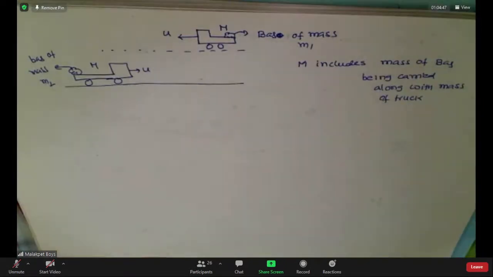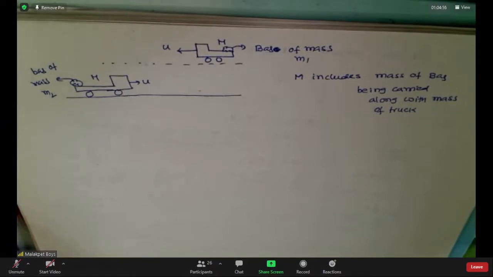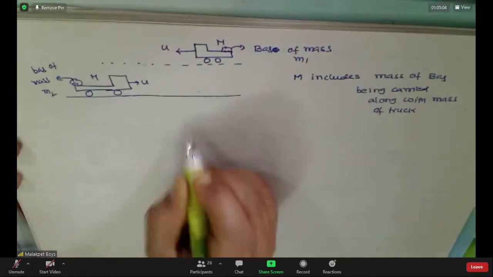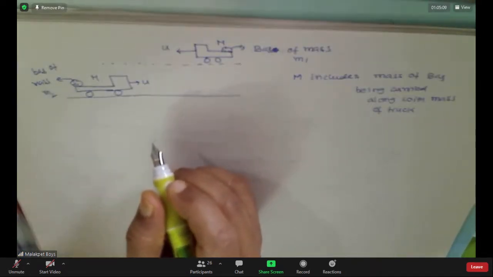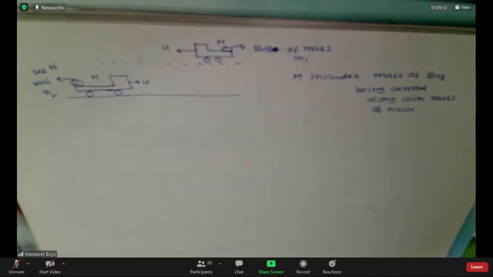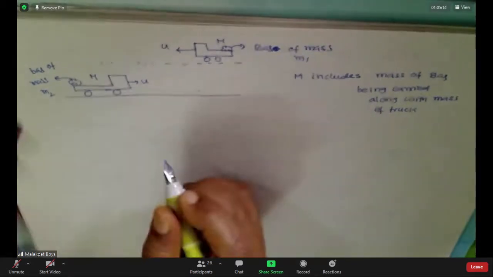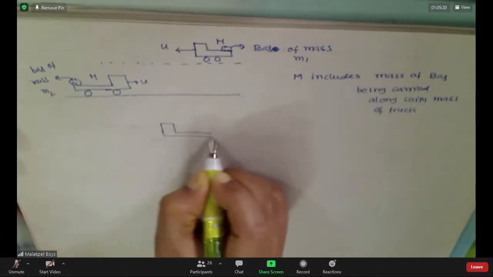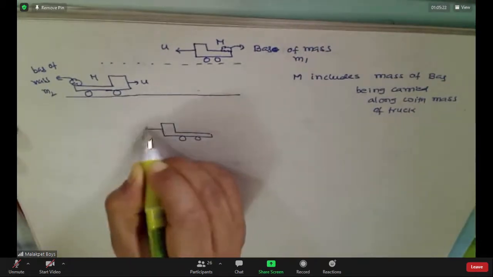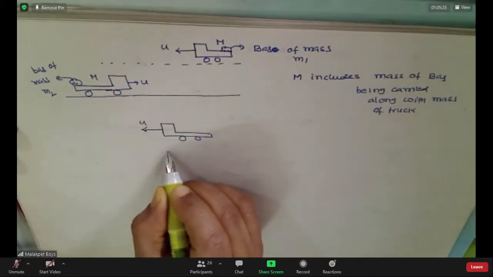Do you agree till here? See, in the vertical direction, when they are exchanging this, follow carefully, the bags are being exchanged. That means they are throwing the bags like this when the trucks approach nearer, or side by side, or when they are crossing each other.